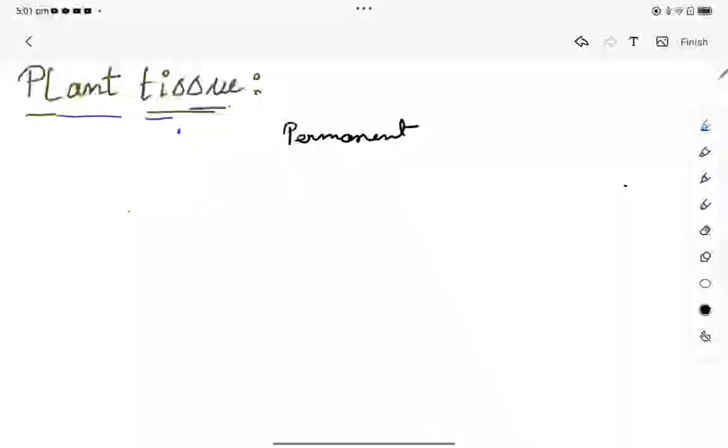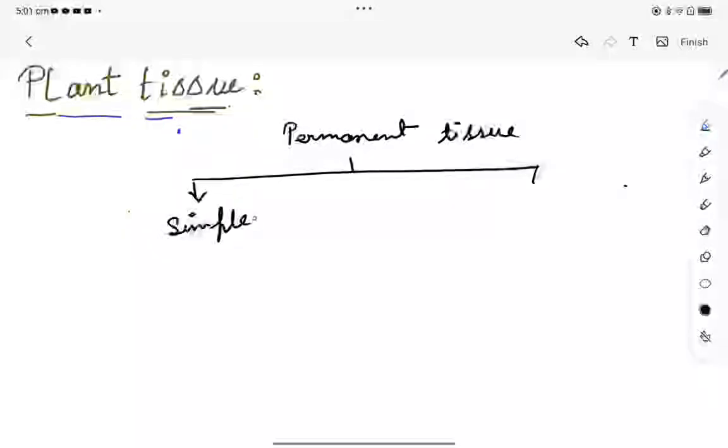Permanent tissue can be differentiated into two groups, right? One is simple permanent tissue, and then we have complex permanent tissue.